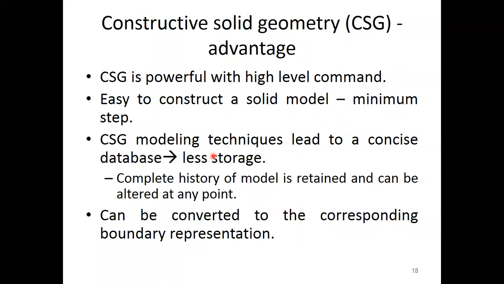We are calling those two and we are using them as per our requirement. So the order of using the Boolean operations and the primitives alone will be stored. Therefore, very less storage is taken in case of CSG. So it can be converted to the corresponding boundary representation. Boundary representation we will be discussing in the next class.